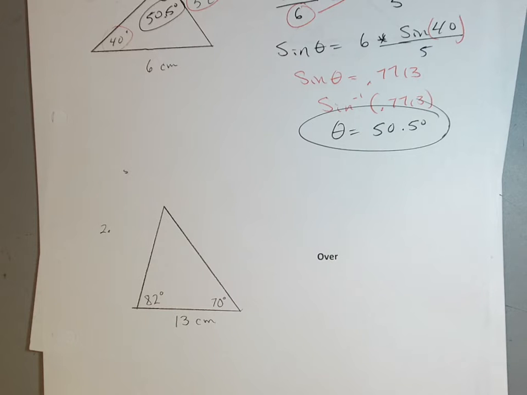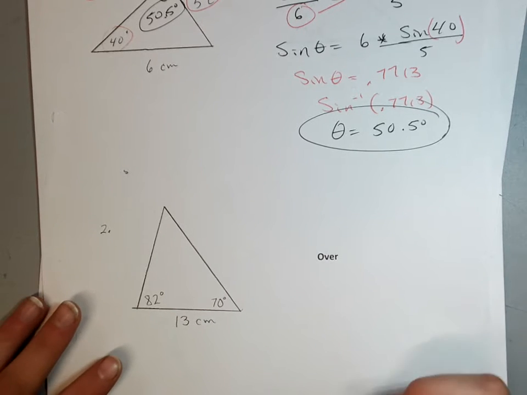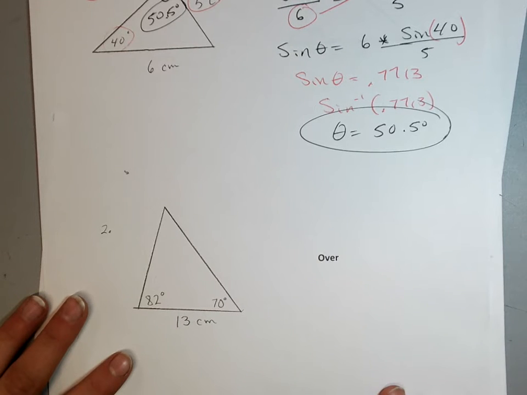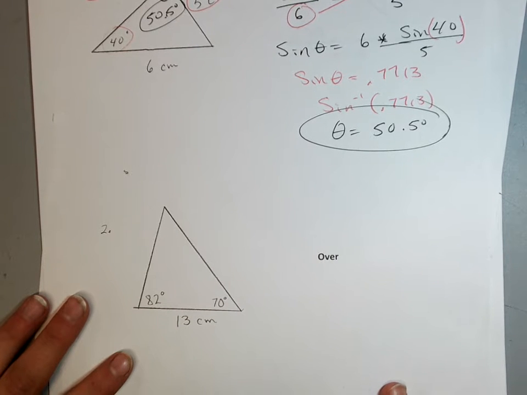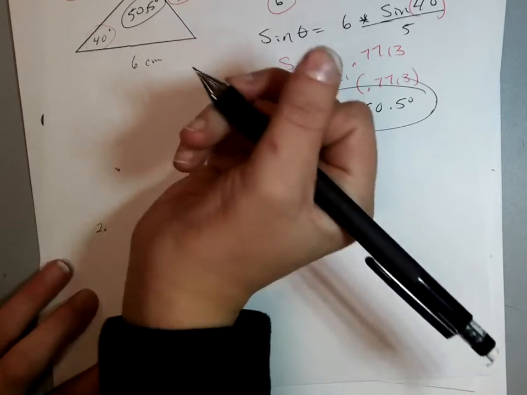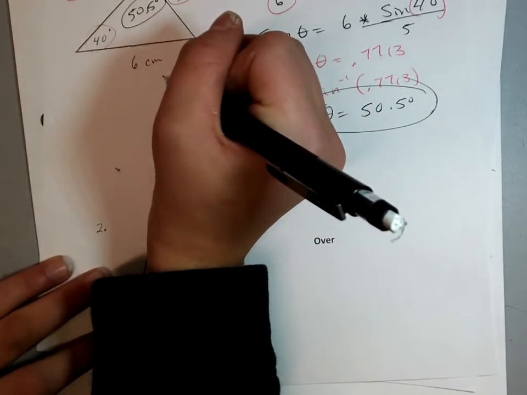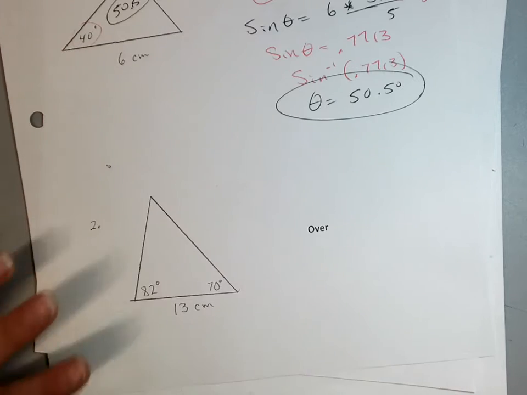Keep going. So now, what's Autumn going to find next on this one? On number 1, it's not done. We're missing that third angle, aren't we? How would we find that third angle, you guys? Well, you can add those and then subtract from 180.